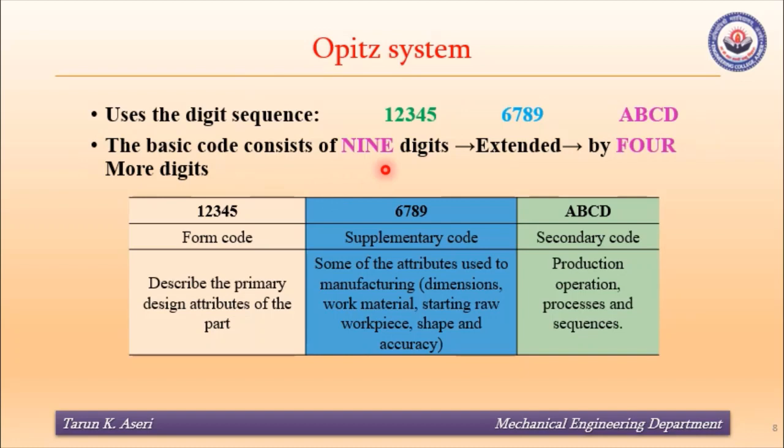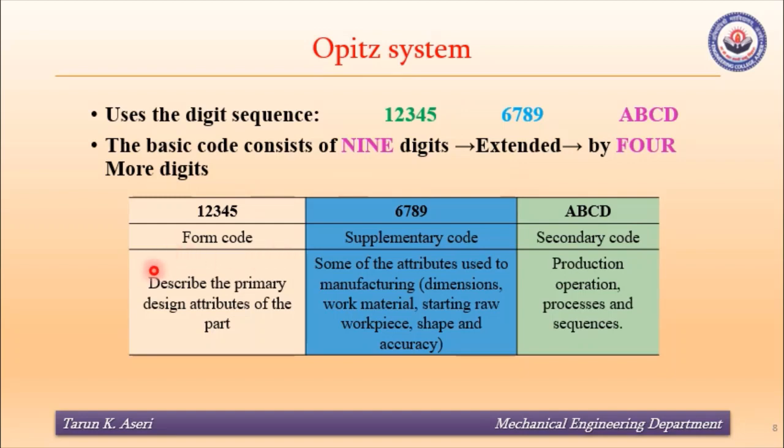The basic code consists, in general, of 9 digits. It could be extended by 4 more digits, so it becomes 13 digits. The first 5 digits are known as the form code, the next 4 digits as the supplementary code, and the last 4 digits as the secondary code.